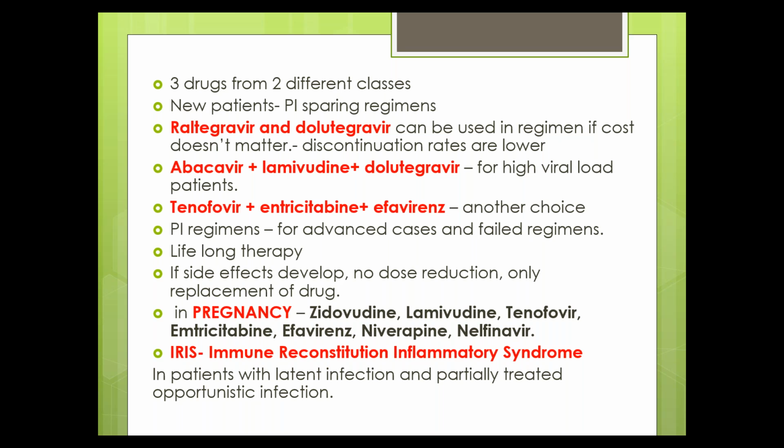TB will be given for around 12 to 24 months, something like that. But this HIV, it is a lifelong therapy. Why? Because the virus will always be a latent infection. Okay, so if you stop the treatment, the virus will start relapsing. Okay, after some time, like after 1 year or 2 years, it will again start relapsing.